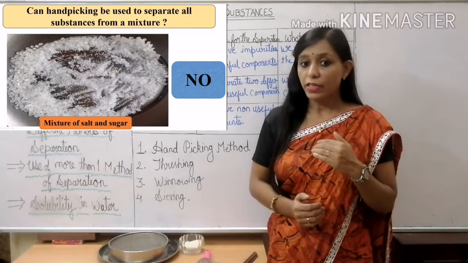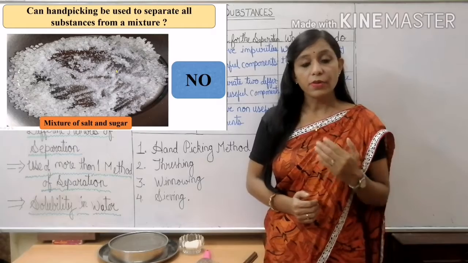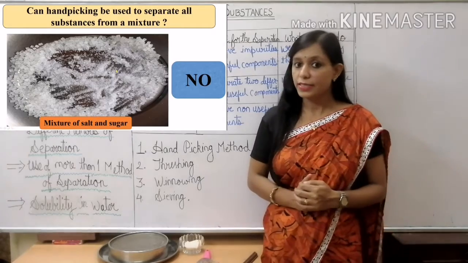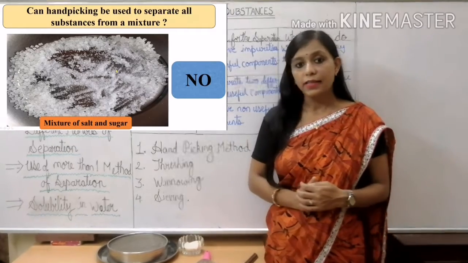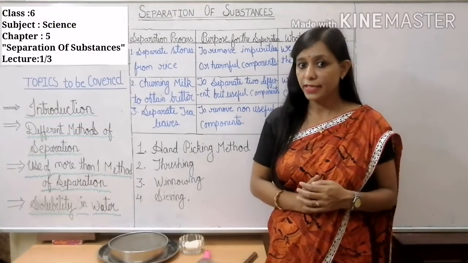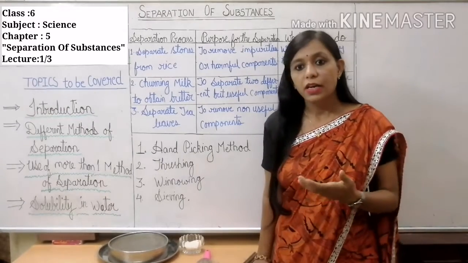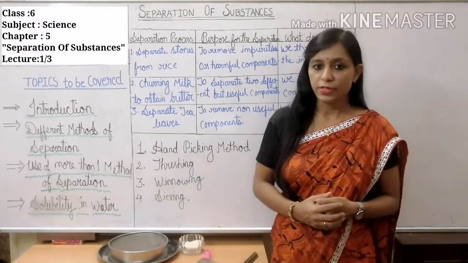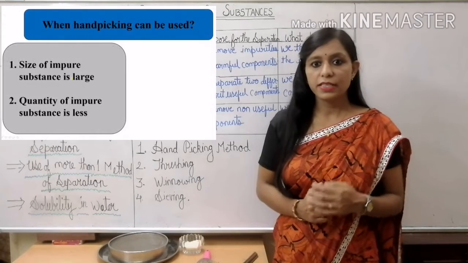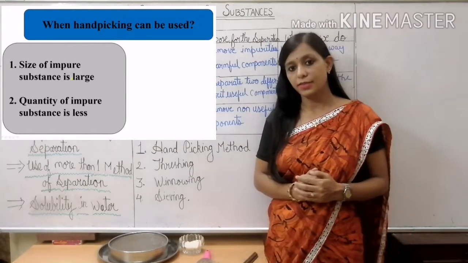Okay, but why? Because here two components are very small in their sizes, and it is practically impossible to separate these components by our hands. So now let's know the conditions where a hand picking method can be used. First condition is when size of impure substances is large.